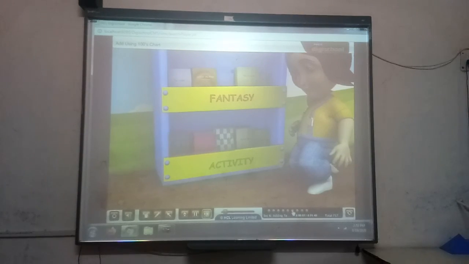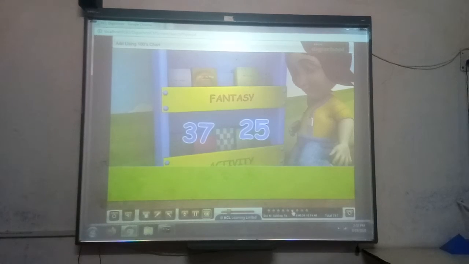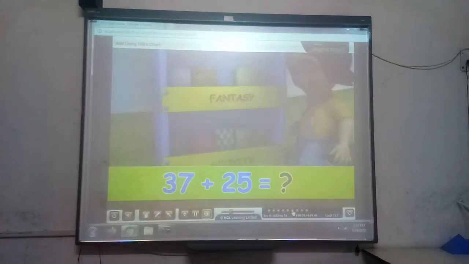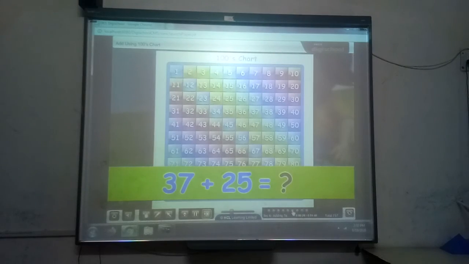Bonnie has 37 activity books, while Sandy has 25 activity books. In all, there are 37 plus 25 books. First, locate 37 on the chart.